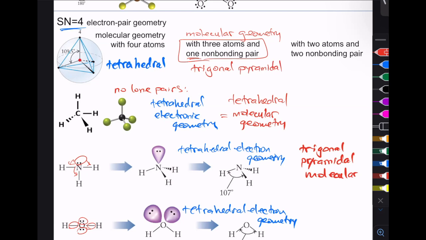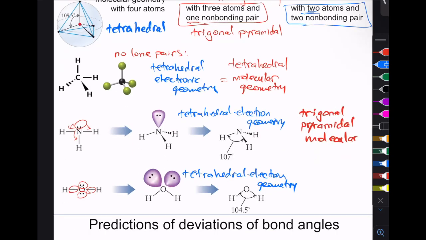And then for this last one, it's still SN of 4. Everything on this slide is SN of 4. Okay. But now 2 of those packages are lone pairs. 2 lone pairs. That's what we have with water. It started as a tetrahedron. Now we have 2 lone pairs and 2 bonding atoms. It's not linear. There's only 2 atoms bonded, but it's not linear. This is what we call bent or angular.